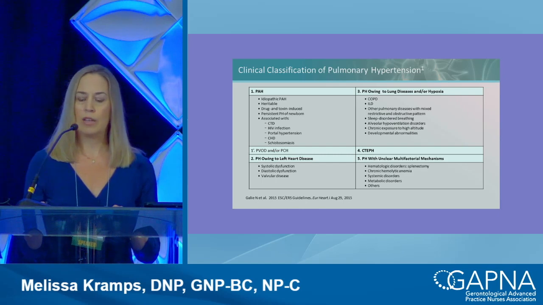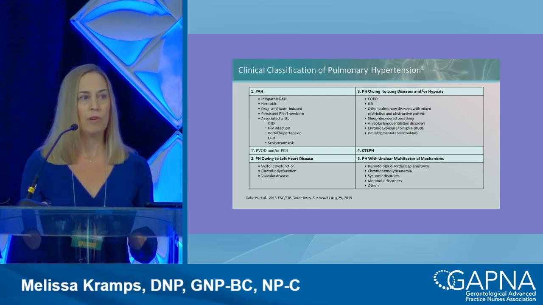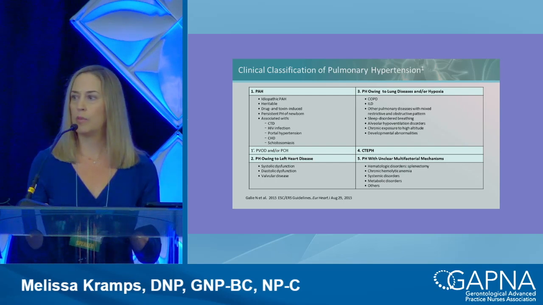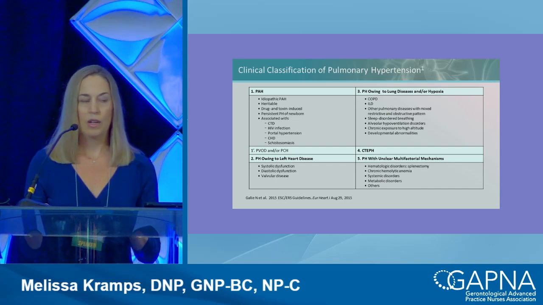Persons with HIV, liver disease, or congenital heart disease are at risk for developing PAH. Schistosomiasis is a common cause of PAH outside of the United States and Europe. A subclass of Group 1 is pulmonary veno-occlusive disease and pulmonary capillary hemangiomatosis, which are rare conditions outside of the scope of today's lecture.